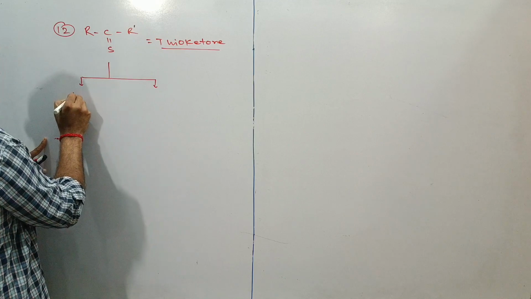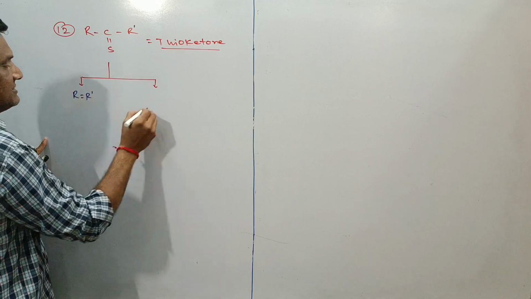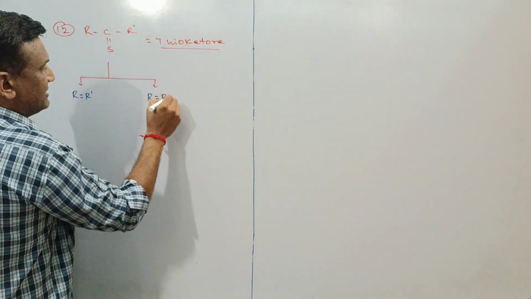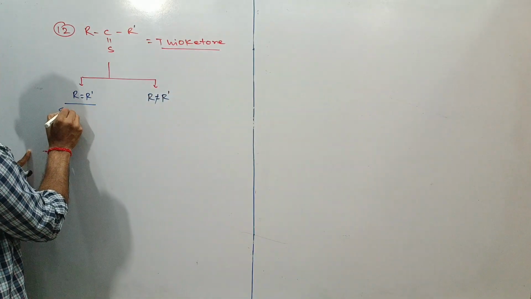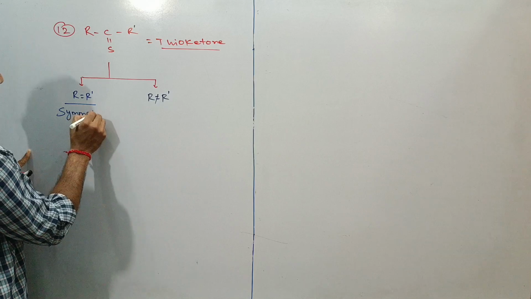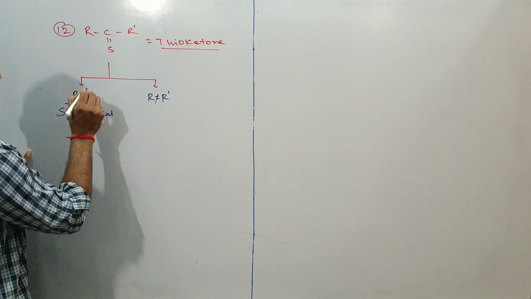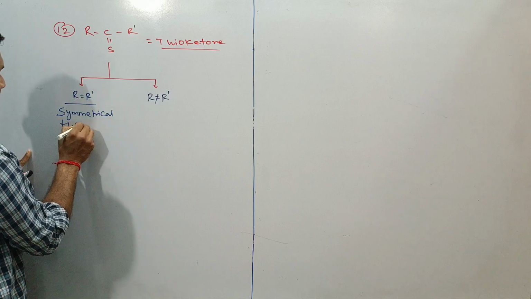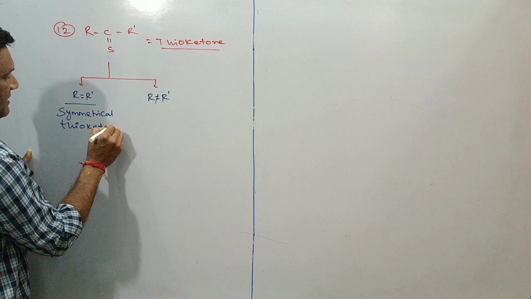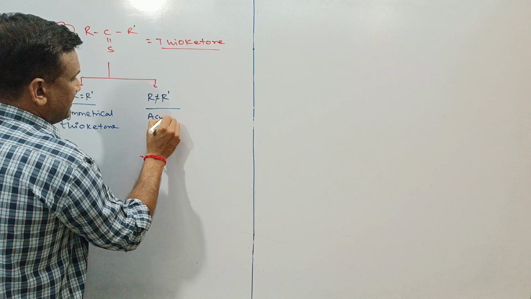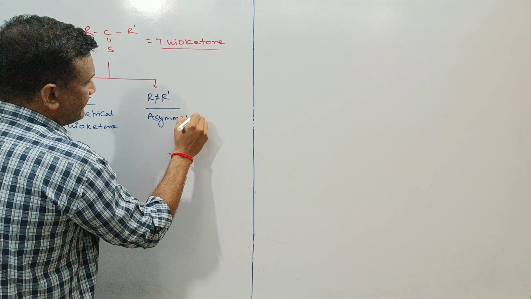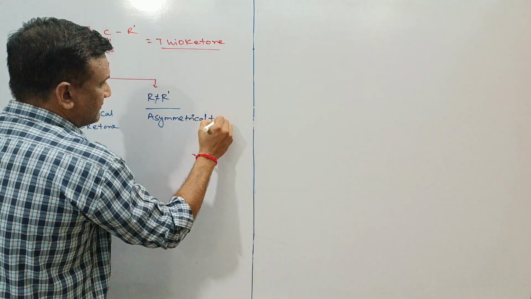So whenever R is equal to R dash, it is called a symmetrical thioketone, and when both are different, it is called an asymmetrical thioketone.